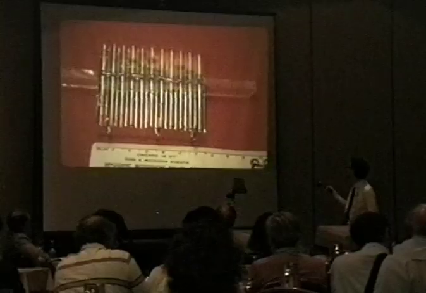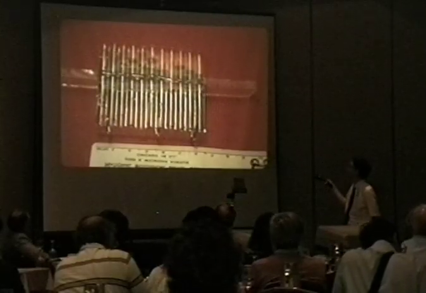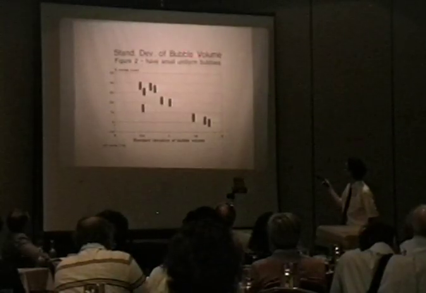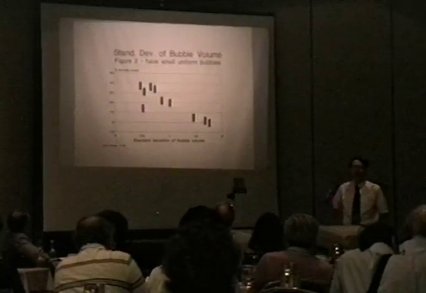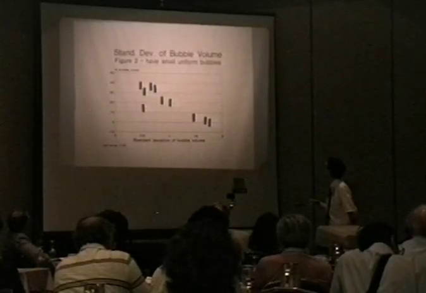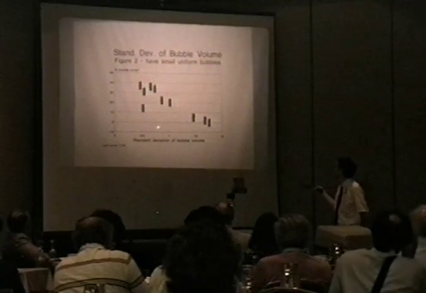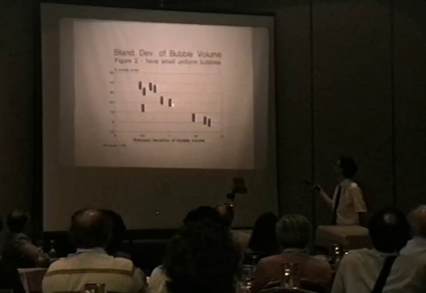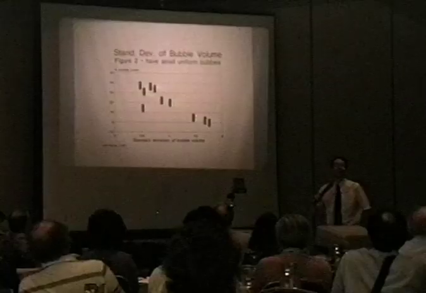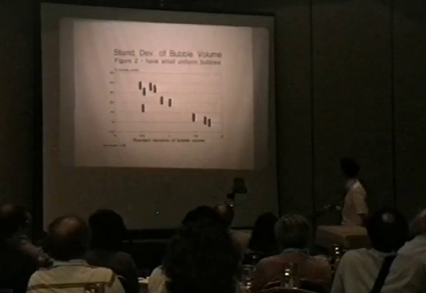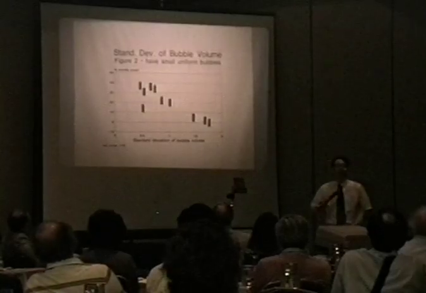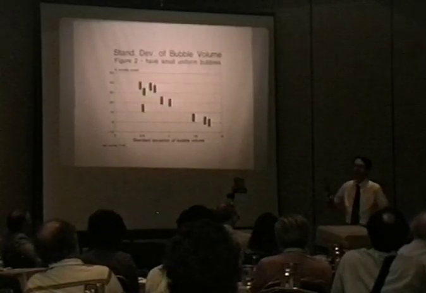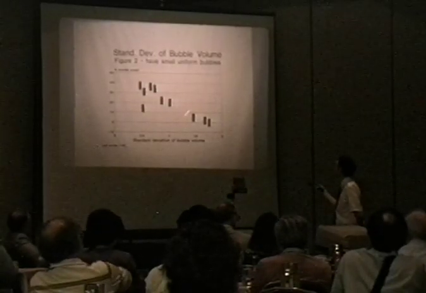When I have one region that is outgassing a lot, I will have a variation in the standard deviation of the bubble pattern. I've drawn in roughly the error bars. These are somewhere around 8% excess. When you have a small standard deviation in the bubble pattern, it seems to relate to more excess heat. When you have a large standard deviation, which means spots that are very bubbly and outgassing a lot, you do not get excess heat.